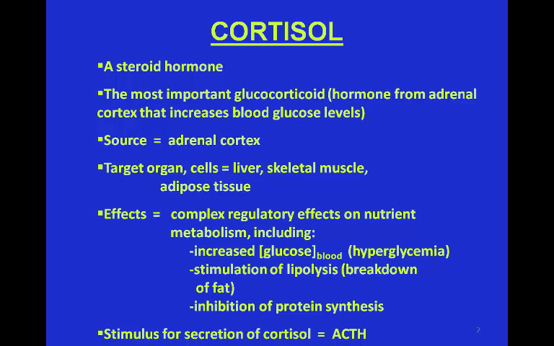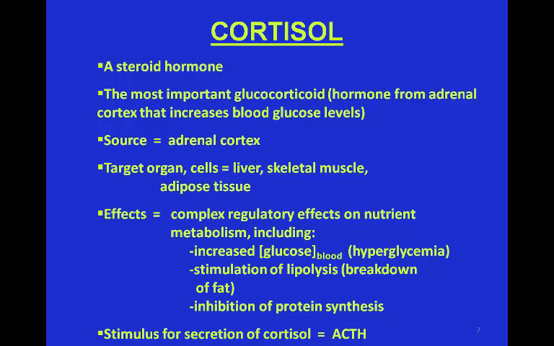The effect on carbohydrate metabolism is mainly an increase in the concentration of glucose in the blood. The effect on fat metabolism is that it stimulates fat breakdown. Cortisol also, however, inhibits the synthesis of proteins.